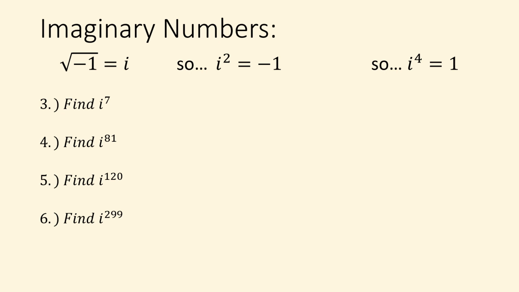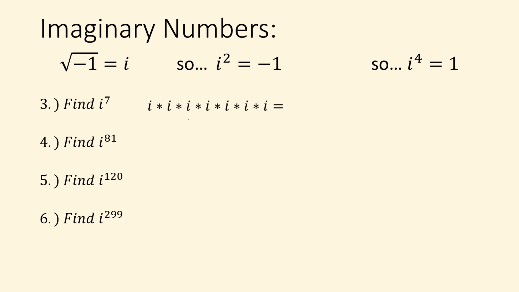All right, now with that in mind, let's simplify all of these. The key things are that anytime we have an i squared, it's a negative 1. Anytime we have an i to the fourth, it's a positive 1, because that's really just a negative 1 times the negative 1. So let's say we have i to the seventh. Let's start it off simply by writing out all those i's.